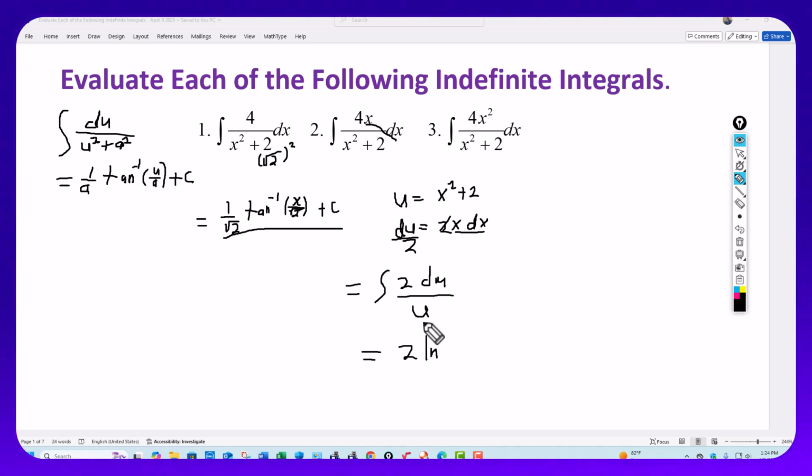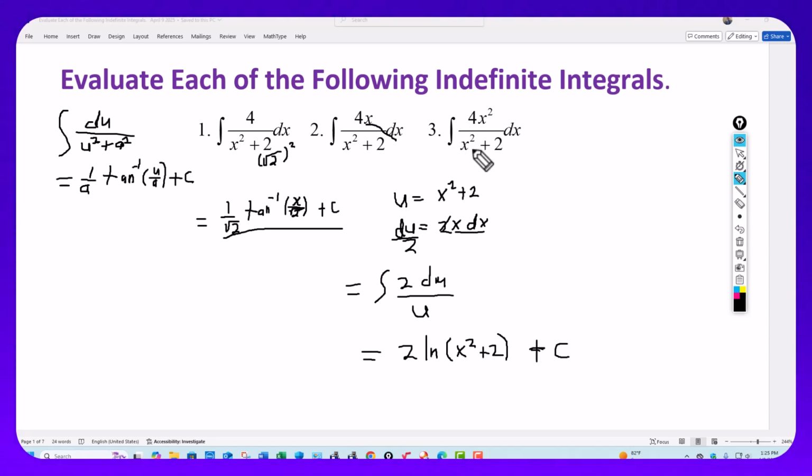But we're going to go back to the original variable, and u in our case is x squared plus 2, and x squared plus 2 can never be negative, so we don't need absolute values here. We just write x squared plus 2, plus the constant of integration. So this one didn't involve the tangent inverse or arctangent function. You simply get 2 natural log of x squared plus 2 plus the constant of integration.